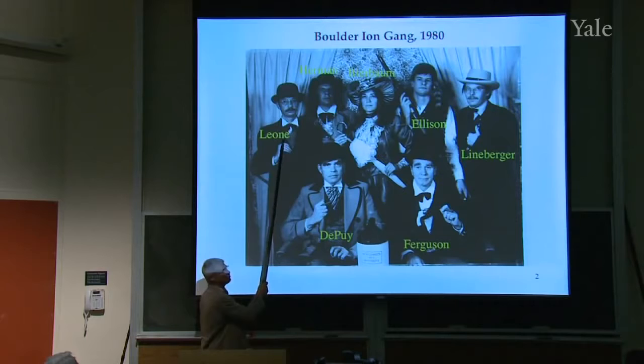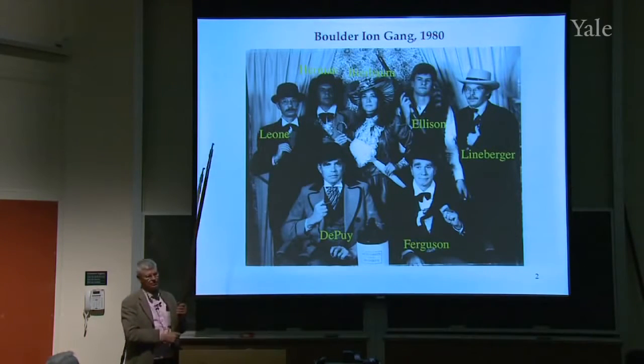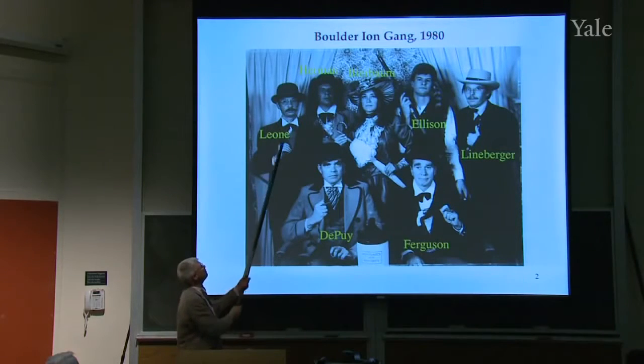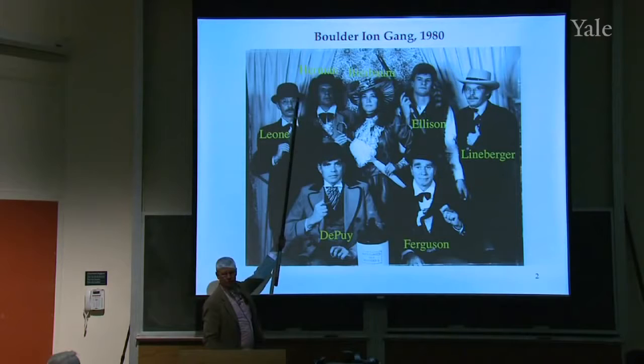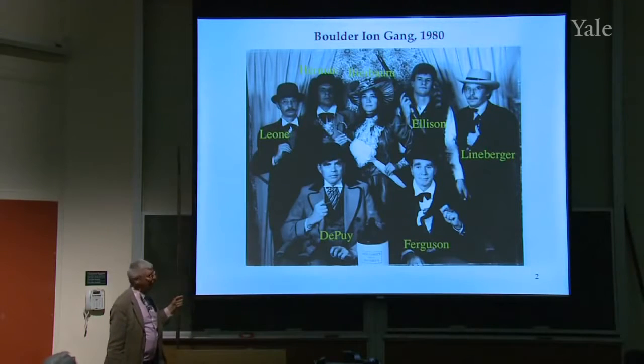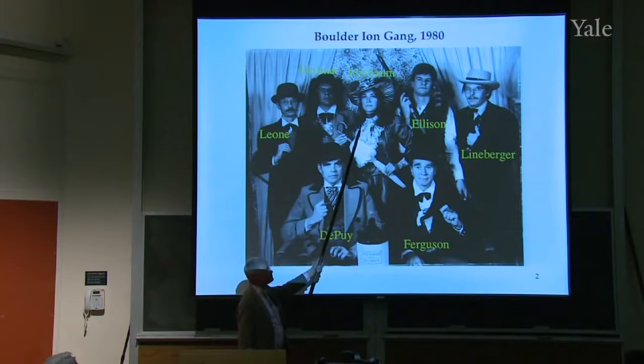This is Steve Leone, one of the most famous chemical physicists in the United States, now at Berkeley, head of the chemical dynamics beamline out there. Zdenek Herman was a postdoc here in the 1960s, and he's at the Academy of Sciences in Prague. And this is Ronnie Bierbaum, the master of negative ion chemistry.